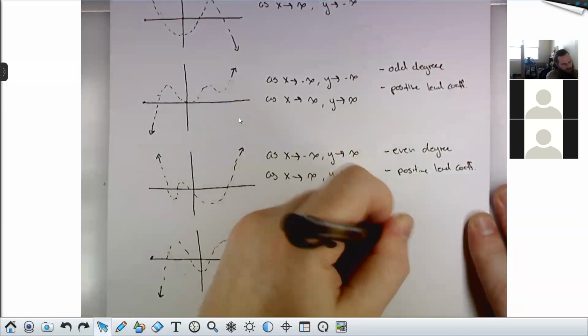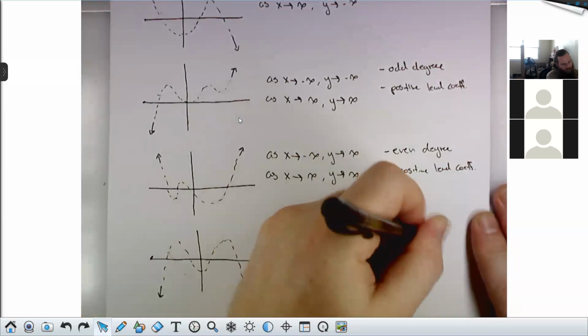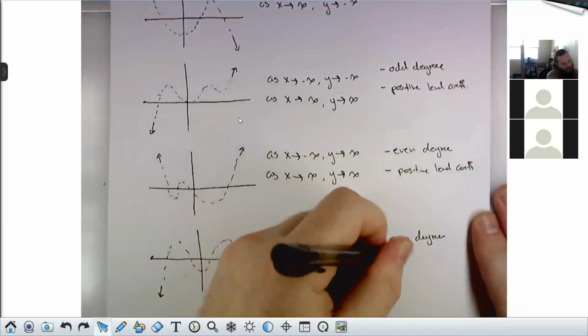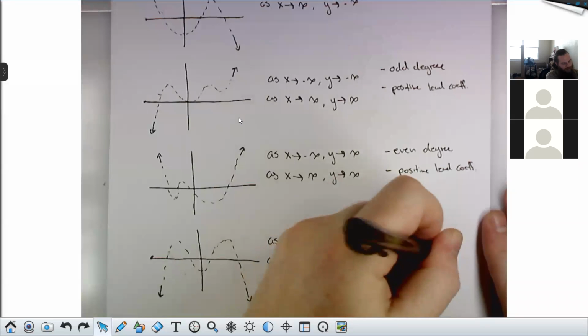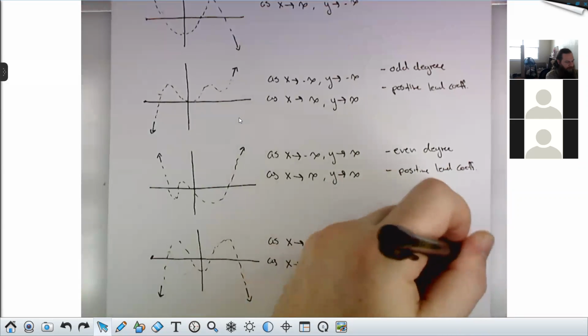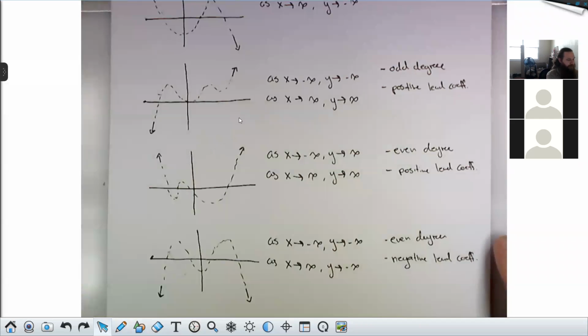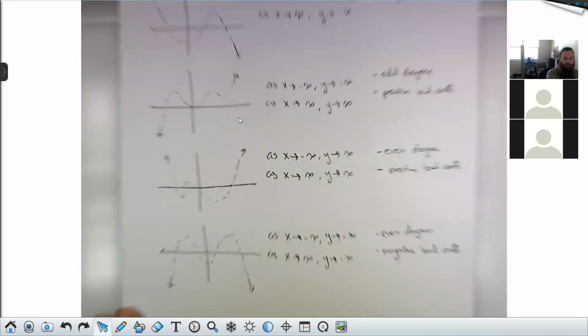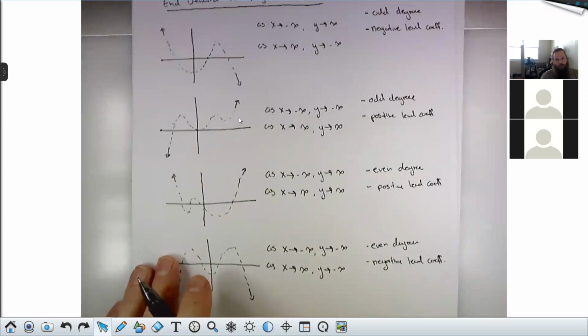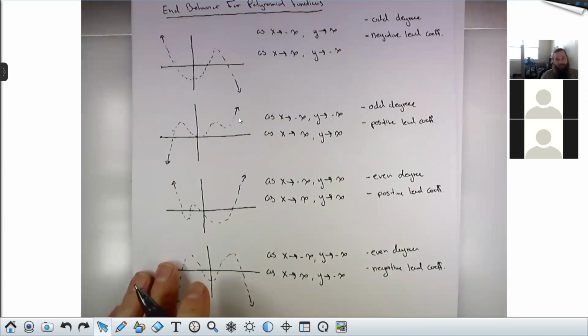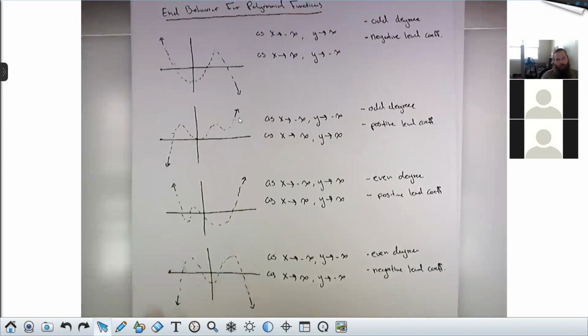This is an even degree and a negative lead coefficient. So it's exactly the same stuff we had for power functions. The idea is you just apply those rules to the lead term, the term of highest degree.